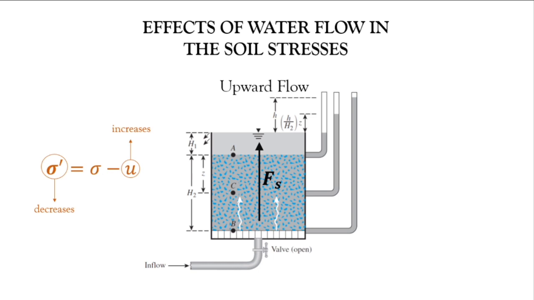So, yun yung effect ng water flow sa soil stresses. Kapag downward, patataasin niya yung effective stress. Kapag upward flow naman, pahihinain niya yung soil natin dahil pinabababa niya yung effective stress. So, I hope na naintindihan yung effect ng water flow sa soil stresses.